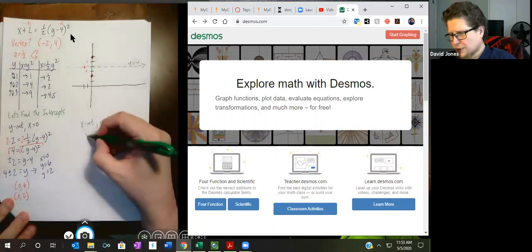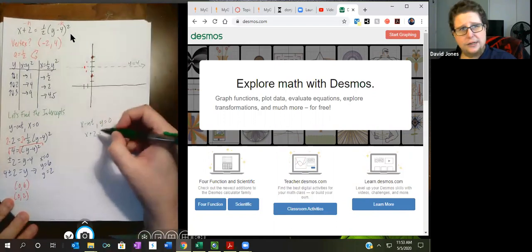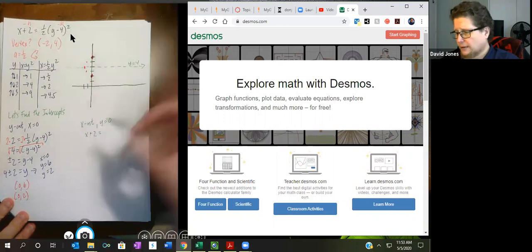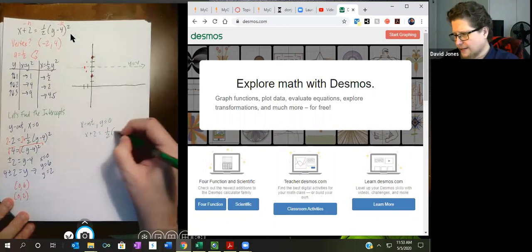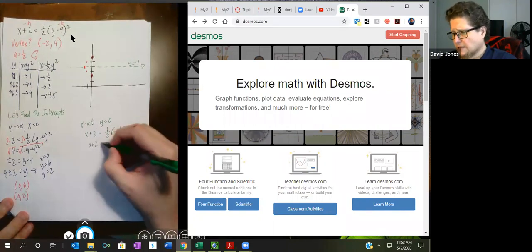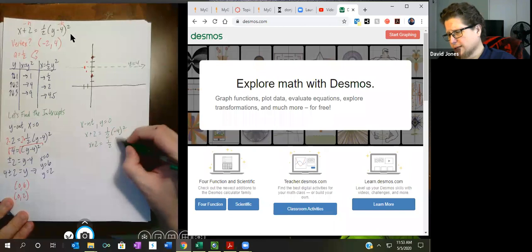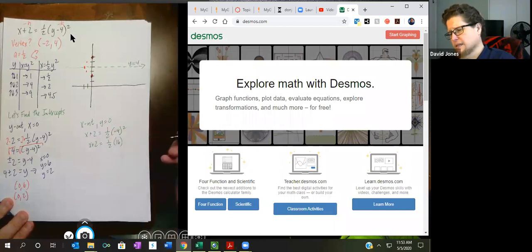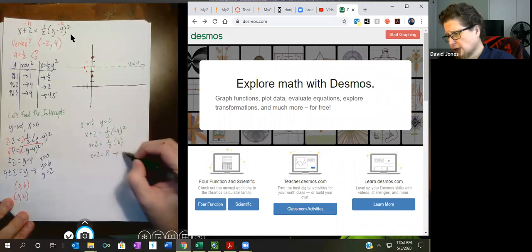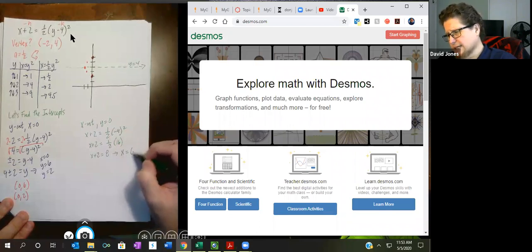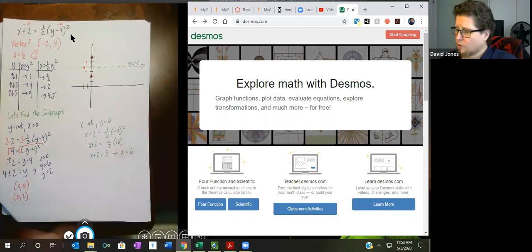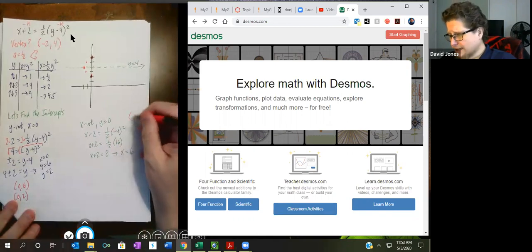I have x plus 2 equals, going up here, I'm just plugging in y = 0, 1/2 times -4 squared. -4 squared is 16. x = 6. That's when y = 0. We have an x-intercept at (6, 0).